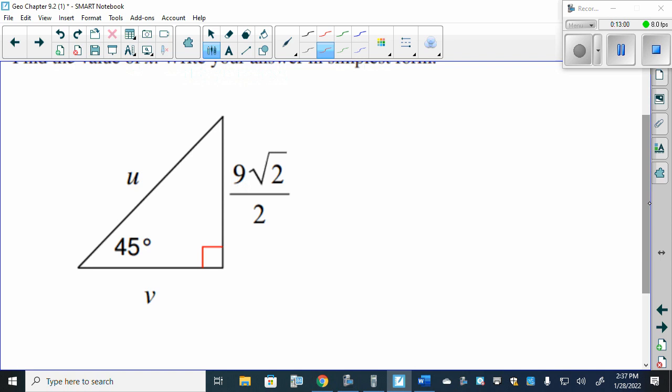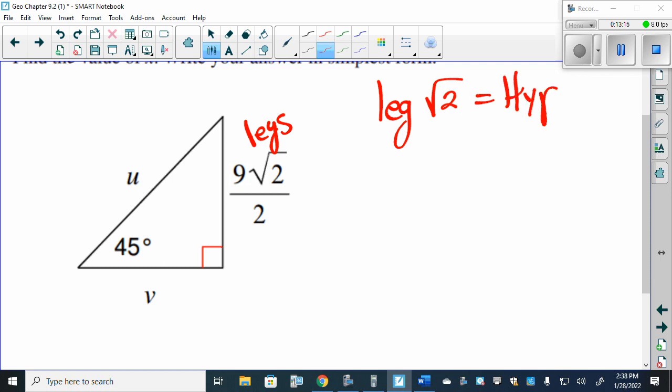So what would we do for this one here? Because this here is one of the legs. So to find the hypotenuse, we take the leg and multiply it by the square root of 2, which will give us the hypotenuse. So we'll take 9, well, if I can write, 9 square root of 2 over 2.